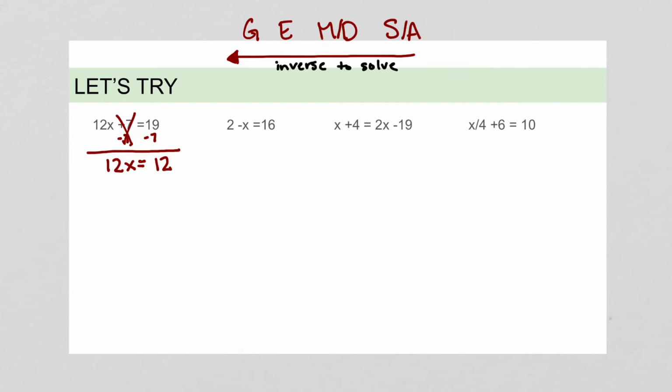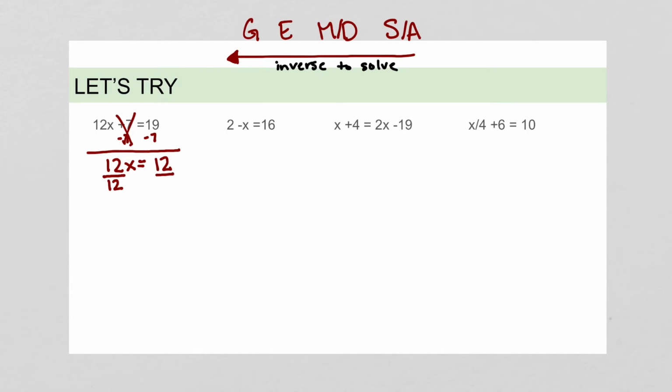So I don't have any more subtraction and addition. So now I'm going to look for multiplication or division. Well, x is not alone on one side yet because instead of just one x, I've got 12 x's. So I've got that 12 attached to it by multiplication. And so I want to do the inverse of multiplication, and I'm going to divide by 12.